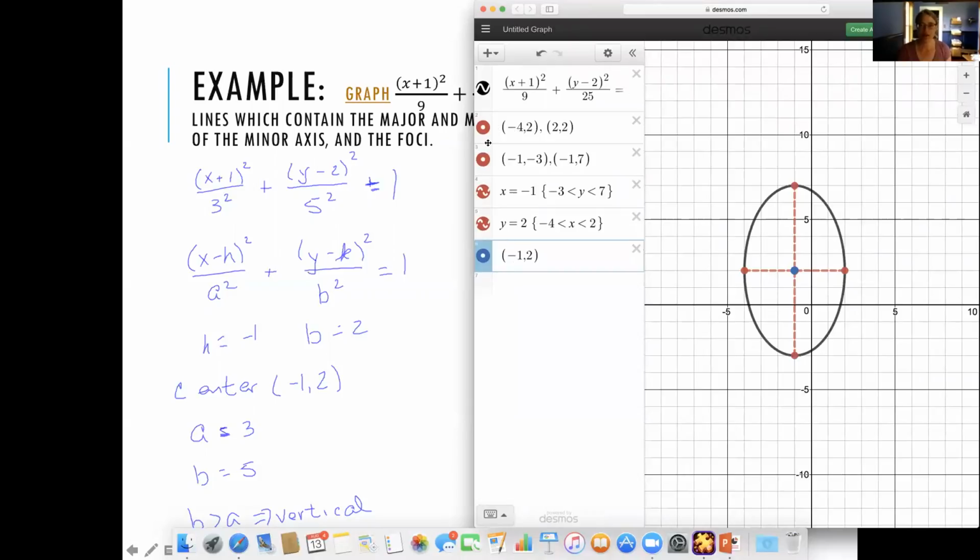I put in the endpoints of my minor axis at -4, 2 and 2, 2. My major axis is indeed vertical. It's the longer one, and I have vertices at -1, -3, and -1, 7. And you can see my major and minor axes. Okay, looks like we did pretty good.